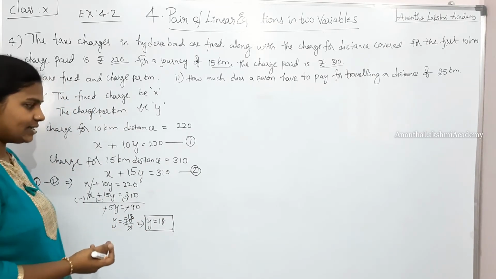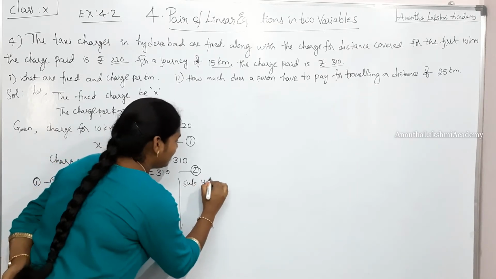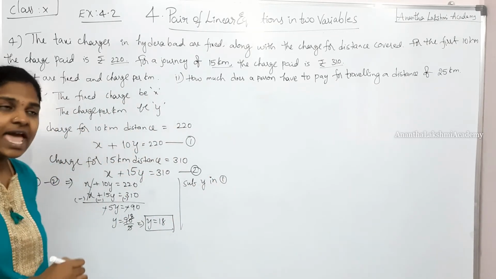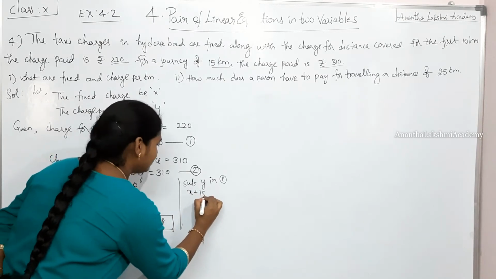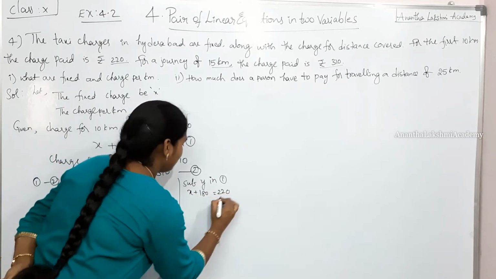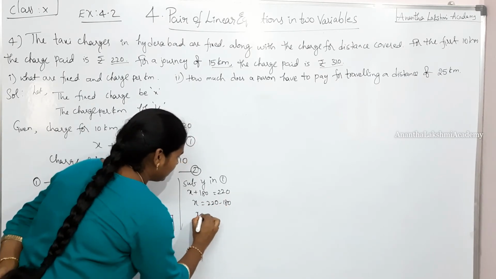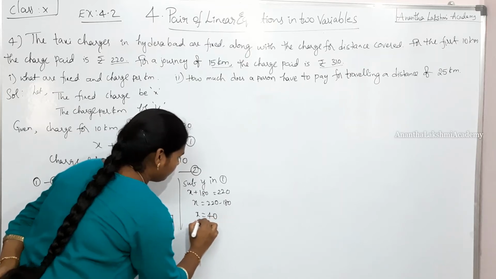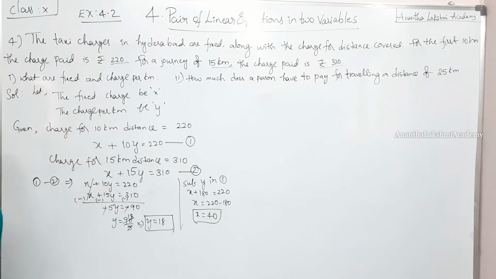Now that we got Y is equal to 18, let us substitute Y in equation 1 to get the value of X, which is nothing but X plus 10 into 18, which is 180, is equal to 220. So X is going to be 220 minus 180, which is nothing but 40. So there ends our first question.